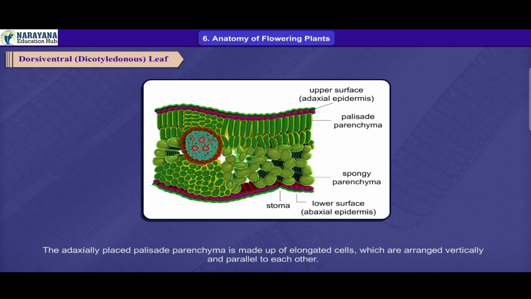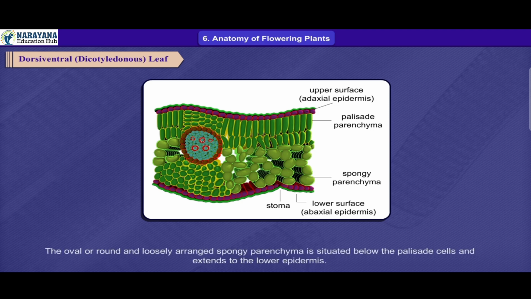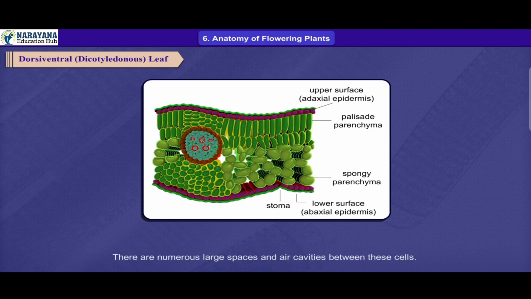The adaxially placed palisade parenchyma is made up of elongated cells, which are arranged vertically and parallel to each other. The oval or round and loosely arranged spongy parenchyma is situated below the palisade cells and extends to the lower epidermis. There are numerous large spaces and air cavities between these cells.